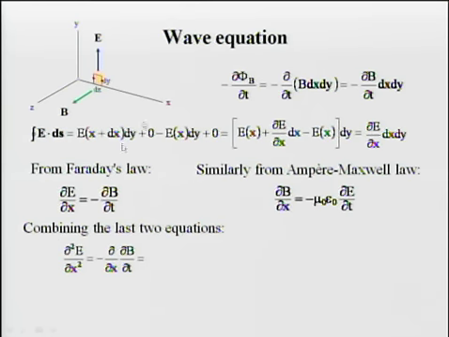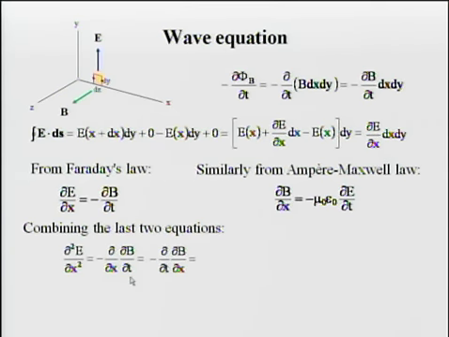So I started from this expression here. Second derivative with respect to position, well, requires that I take second derivative with respect to position of this derivative with respect to time.